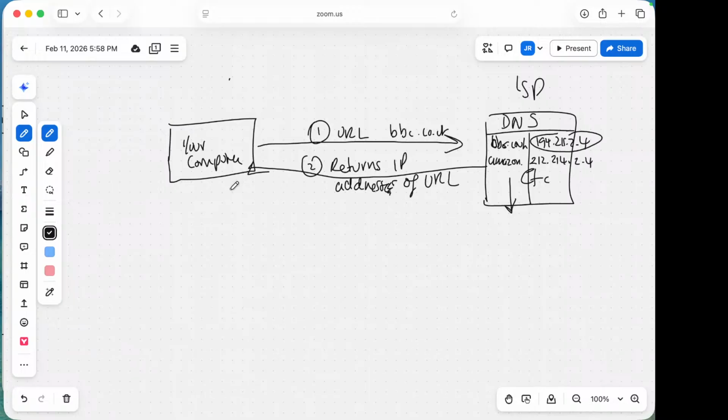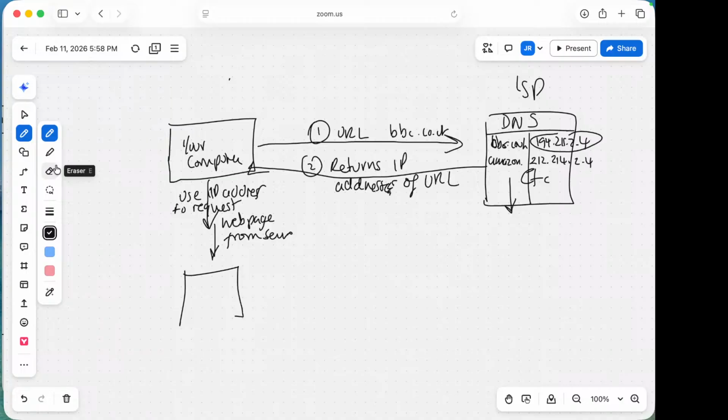Then the next thing that happens is we use that IP address to request the web page from the server. So there's the web server. Actually, I'll do the universal sign for a web server like this.